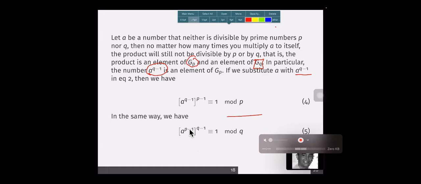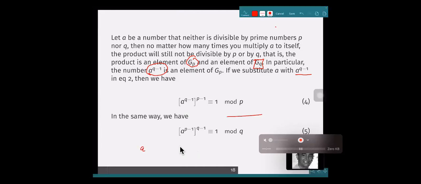So using equation 2 again: a raised to the p minus 1 is equal to 1 mod p, and in the same way, a raised to the q minus 1 is equal to 1 mod q.